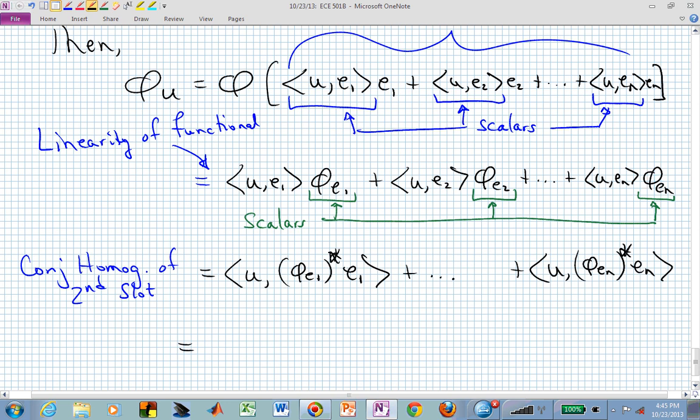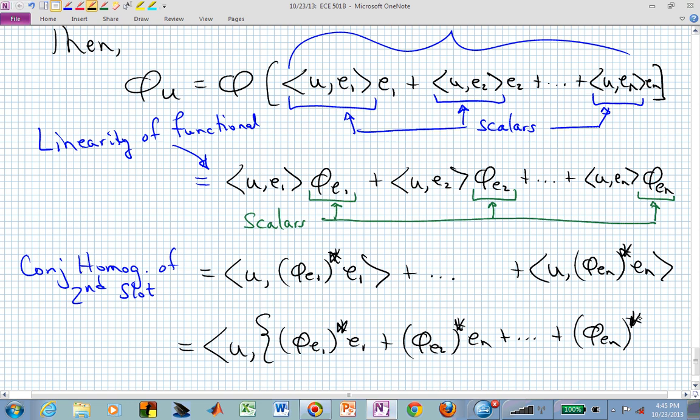Meaning, I'm now going to say I have u with a vector phi E1 star E1 plus phi E sub 2, again, that's just a scalar times E sub 2, plus phi E sub n conjugate, whoops, wake me up occasionally if I'm not quite all together.